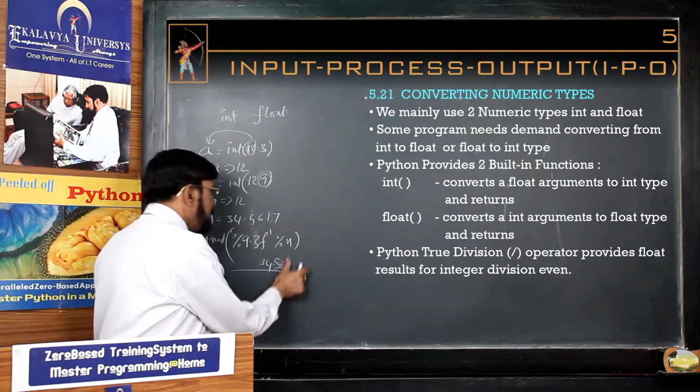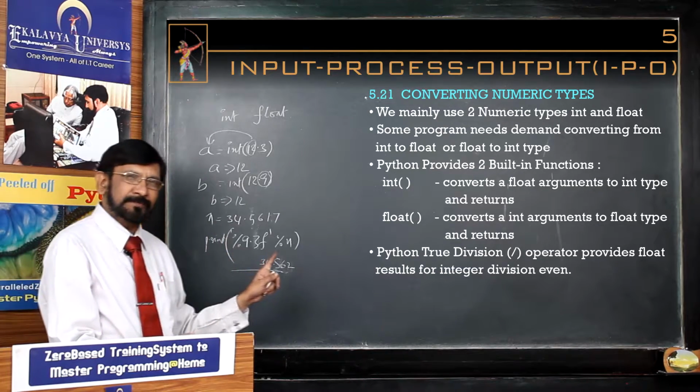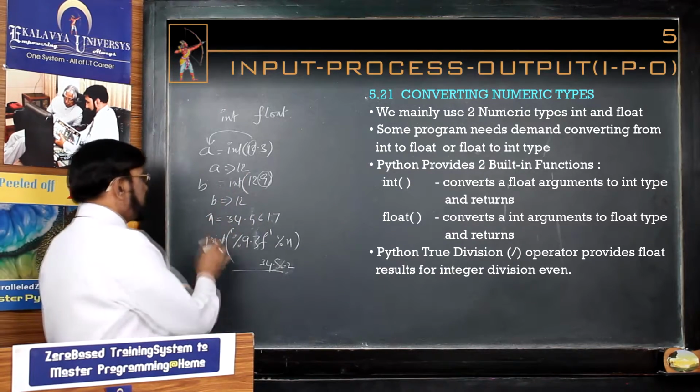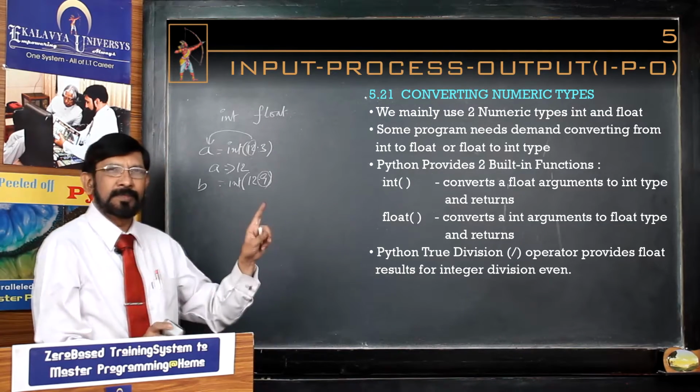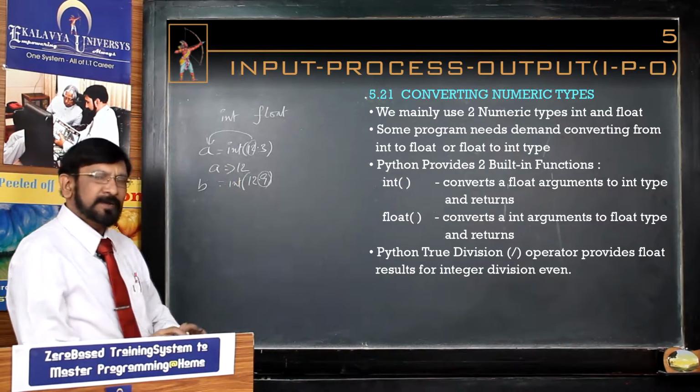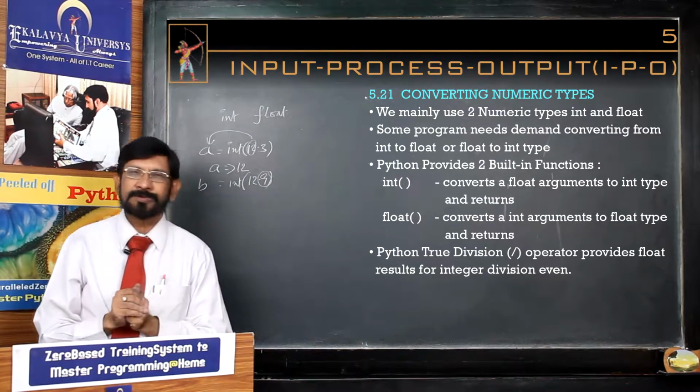Here 7 is there, so 2 is printed. Here the rounding off effect is there. In the int case the rounding off effect is not there. Simply whatever the decimal part, the fractional part, is truncated and the whole number part is taken. That point you have to understand.